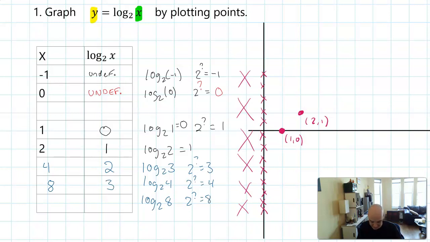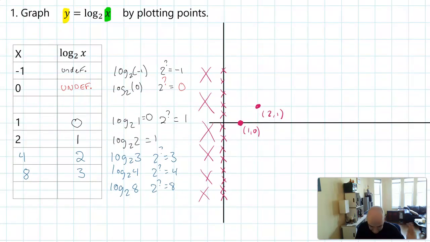So now we're starting to get good whole number values. You have to be smart about your x table to get good numbers in your y table. So let's go to 4, 2, and 8, 3. And the next point would be 16, 4. That doesn't seem like it's going to fit on my screen, so I think we'll stop here.